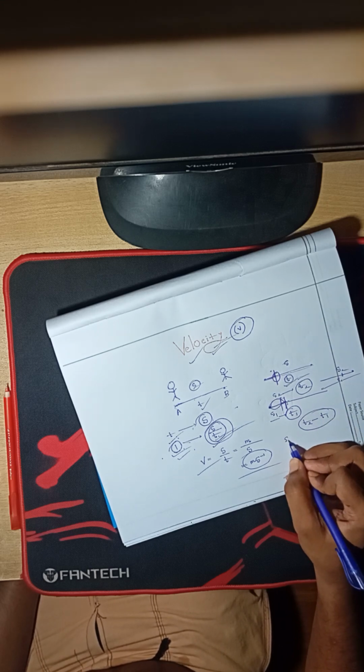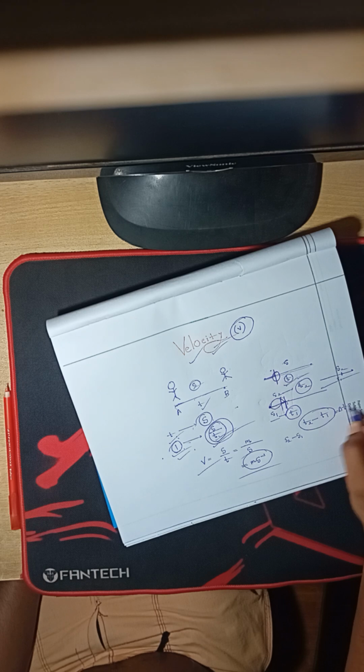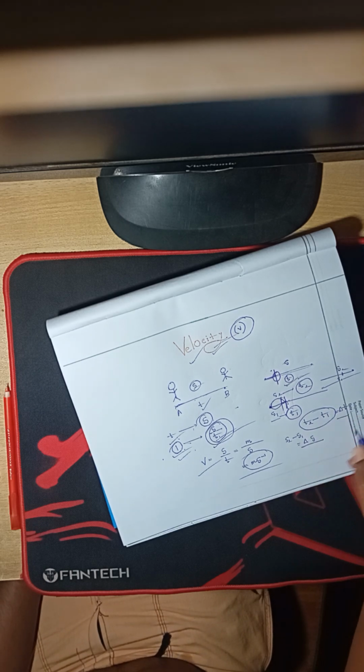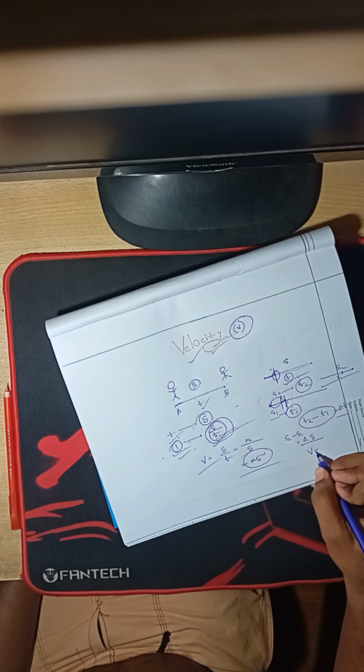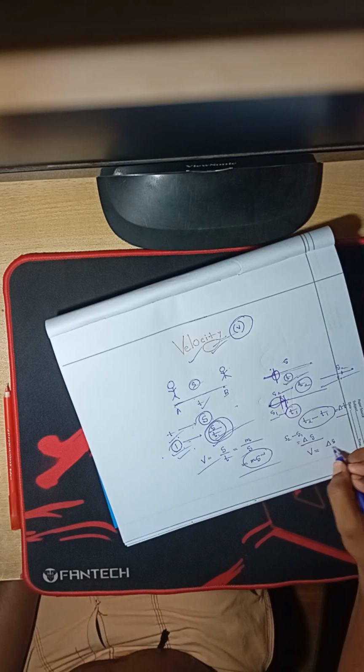Now we can denote the time difference by del t, and the distance difference by del s, where del means change. Then you can say that velocity at a certain point is del s by del t.